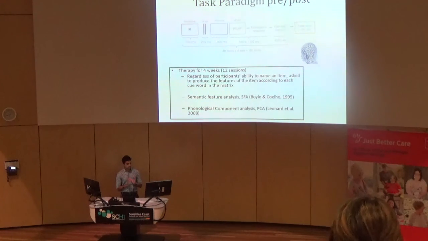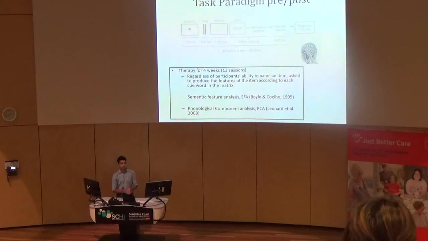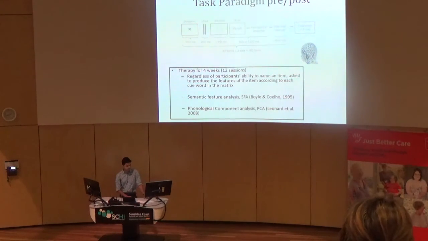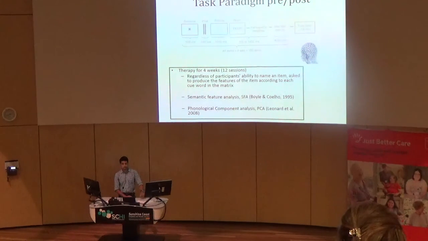The outcomes that we assessed for this study were the semantic feature analysis and the phonological component analysis, and these outcomes were what we correlated against the EEG measures. A couple of other things: the behavioural measures have been established in previous studies, so I would welcome you to have a read of those, but this presentation focuses on the treatment outcomes, SFA and PCA, and EEG.